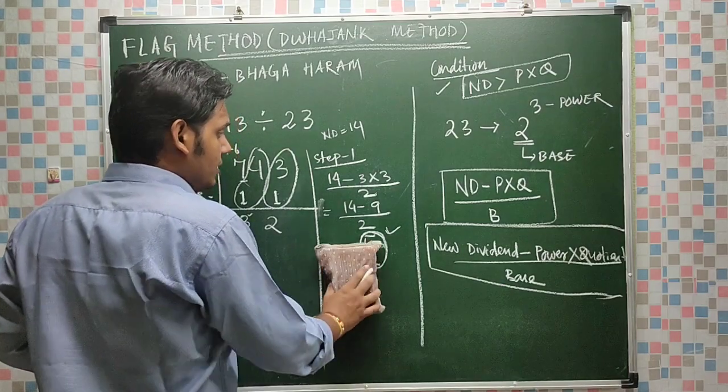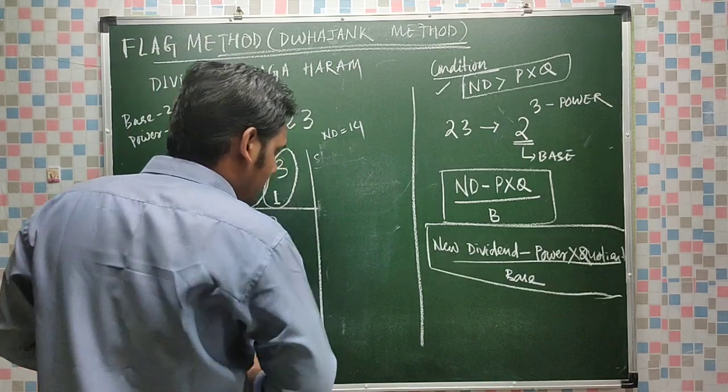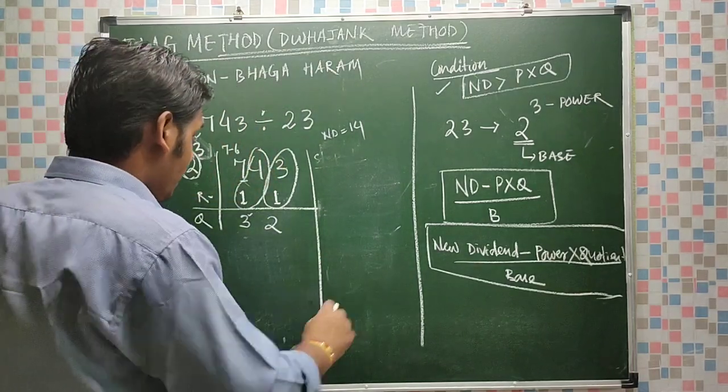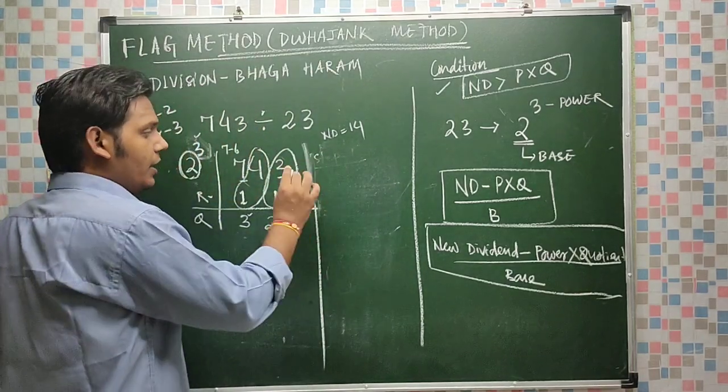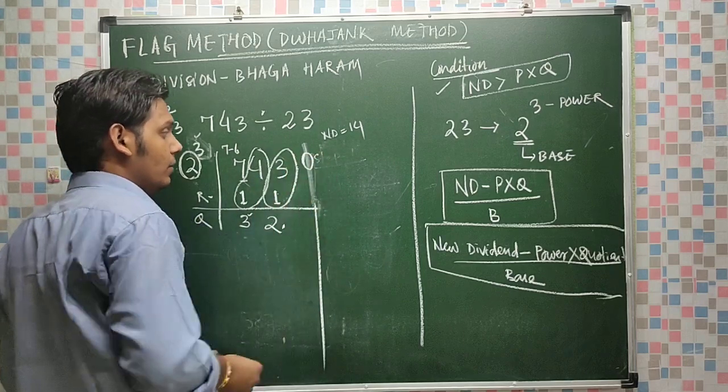So I can use this. I have applied the formula because this place is not available. So what I have to do, as all the numbers are finished, I have to put a point here and I can take 0 here.